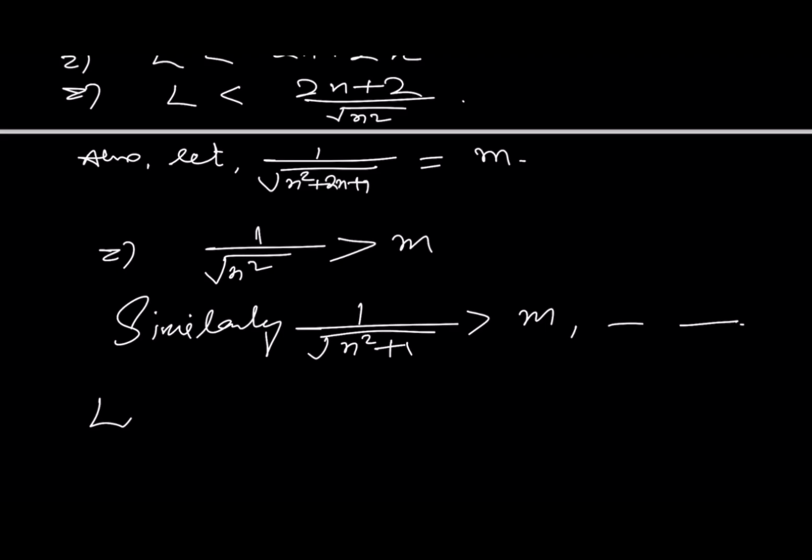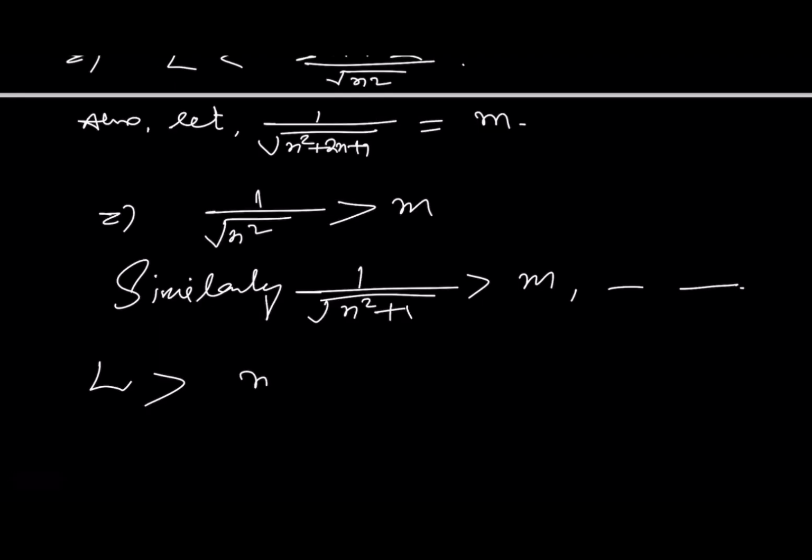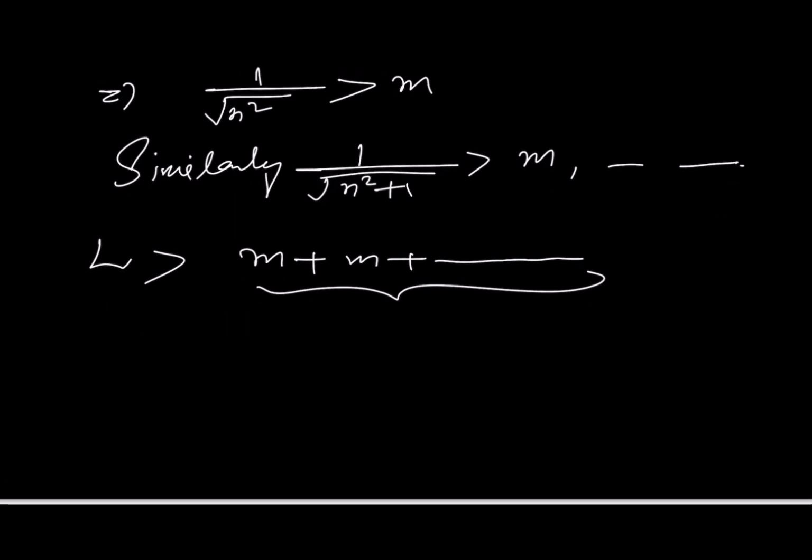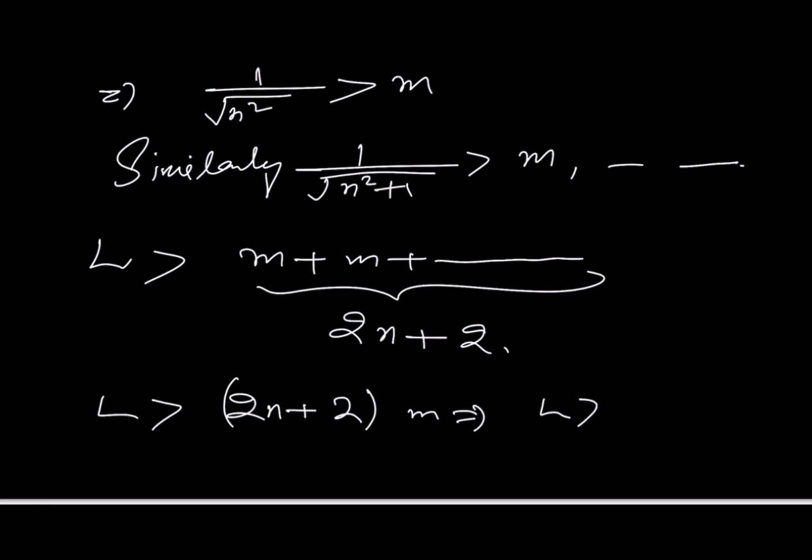So this L must be greater than m plus m plus m, and so on up to m. And these m's are 2n plus 2 in number. There are 2n plus 2 m's. So L will be greater than (2n + 2)m, which implies L is greater than (2n + 2)/root(n square + 2n + 1), right?